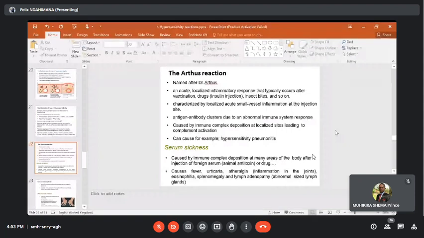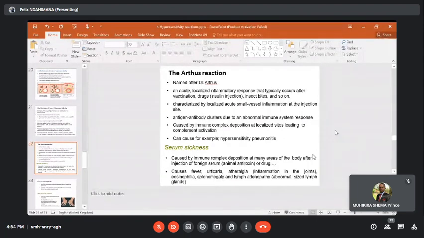The antigen antibody clusters due to an abnormal immune system response. As we were saying, this is hypersensitivity. Normally it doesn't have to be hypersensitivity. It's a problem in our immune system whereby it's overreacting to something it shouldn't be reacting to.